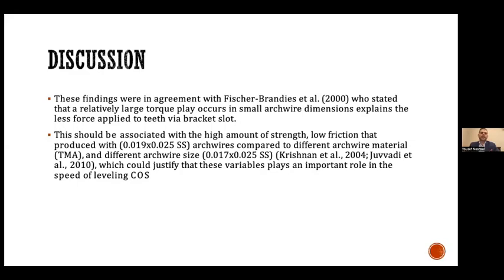So for the discussion, these findings were in agreement with Fisher-Brandes et al. in 2000, who stated that a relatively large torque play occurs in a small arch wire dimension, explaining less force applied to the teeth by a bracket slot. How could it be explained?